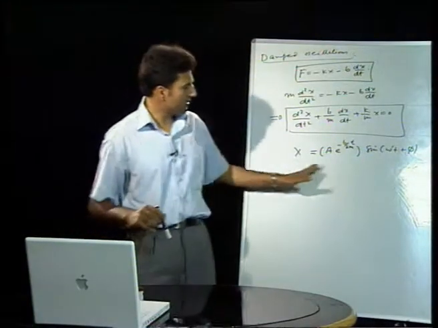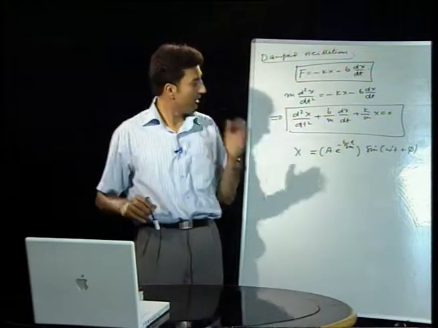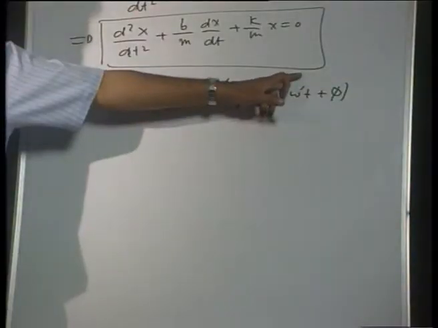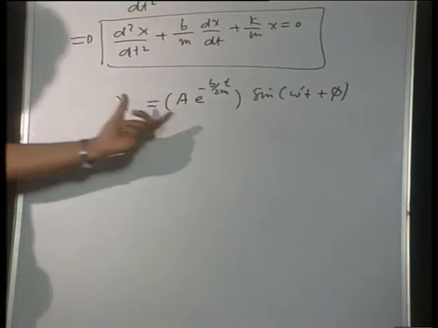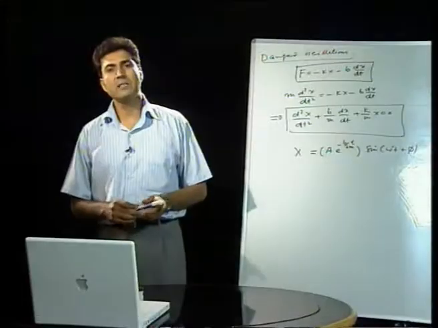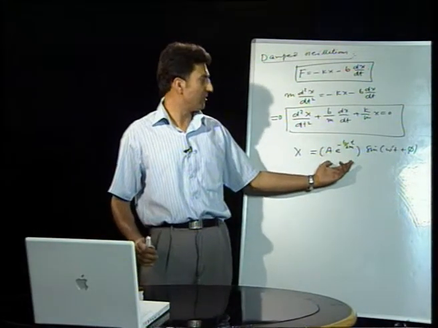If we look at the equation, it indicates simple harmonic motion, with the frequency omega prime. Yes, omega prime is different from that of free oscillations. But if we look at the amplitude part of the equation, it indicates that the amplitude decreases with time, simply exponentially.